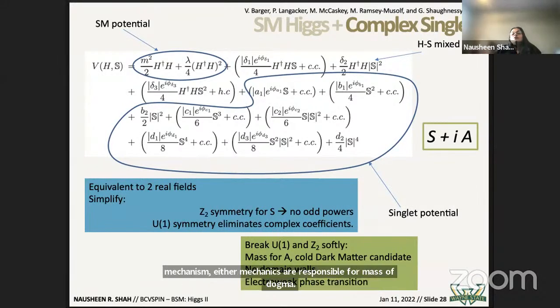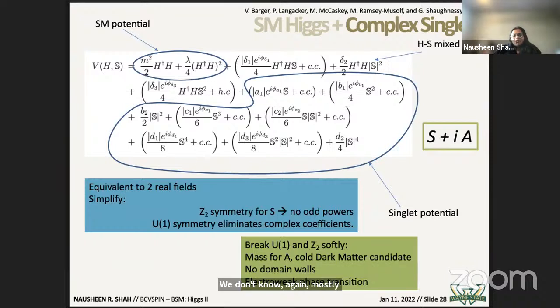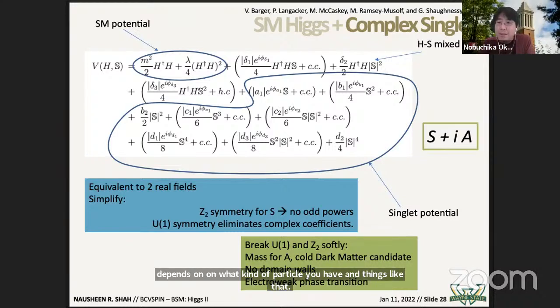Mostly, the most popular ideas are that it doesn't have to acquire mass from the Higgs. There's usually other things that are going on. But I don't see why it necessarily forbids it. It depends on what kind of particle you have and things like that.